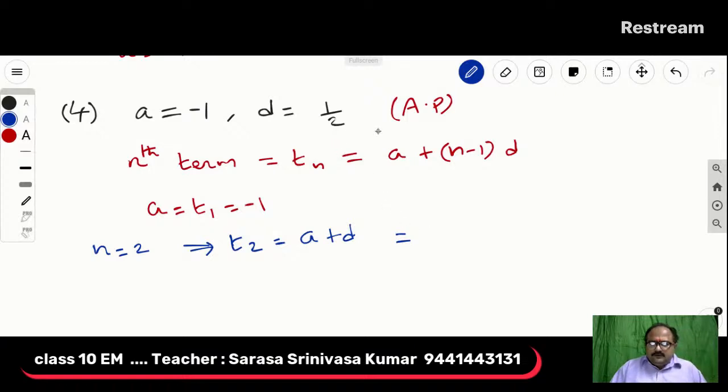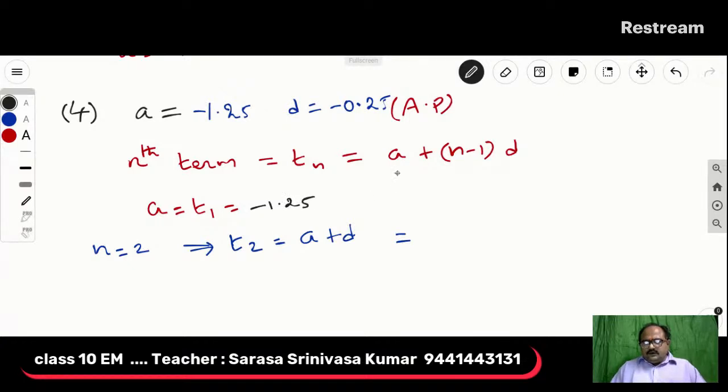We have already done this problem. A equal to minus 1.25, and D equal to minus 0.25. So here the first term is minus 1.25, common difference D equal to minus 0.25.